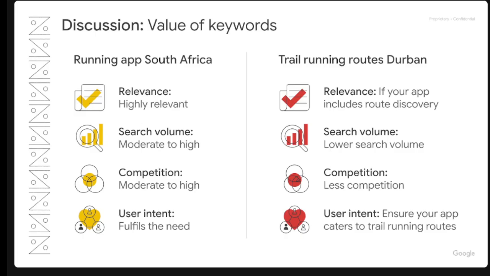The search volume, however, is likely to be moderate to high, and because it's a common need, people would generally be searching for running apps in South Africa if that's their interest and that's what they're looking for.